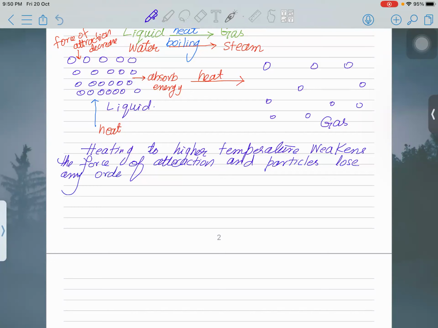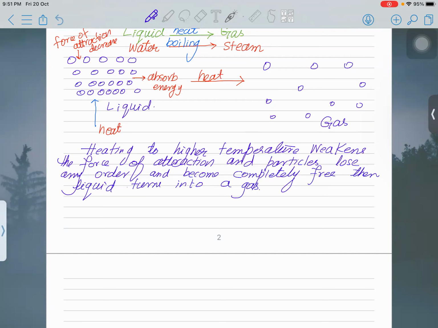You know that there is no order in gas particles, right? They randomly move. So they lost any order. इतनी एनर्जी आ गई है वो किसी की सुन ही नहीं रहे. And become completely free. Then liquid turns into a gas.